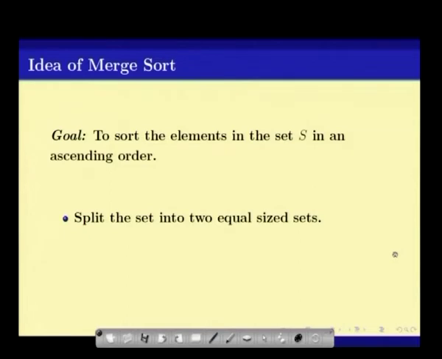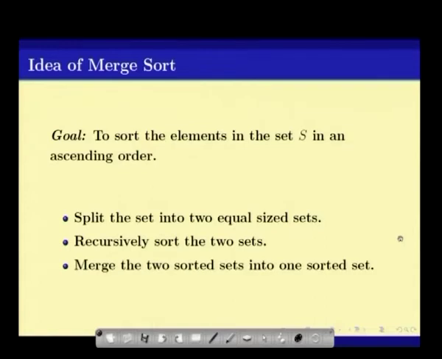In merge sort, we just split this set into two equal size sets and then we recursively sort the two sets, but now we have two equal size sets and there is no ordering across these two sets. So, once we have these two sorted half sets, we have to merge these two sets into one properly sorted set.